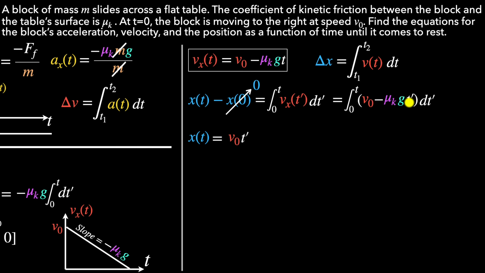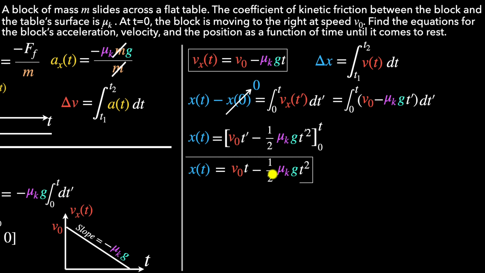Well, it's half t prime squared. So we get minus half mu k g t prime squared. And of course, we have to consider the bounds. So we substitute the upper bound, that's t, and when we substitute the lower bound, we get 0. So this expression just reduces to v naught t minus half mu k g t squared. And there we have it. That is the expression for the position.